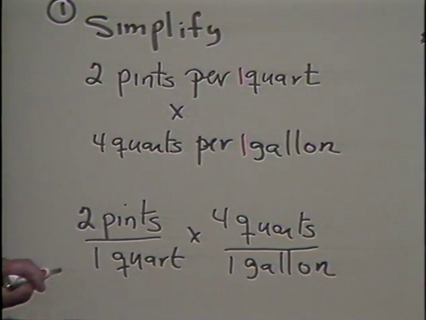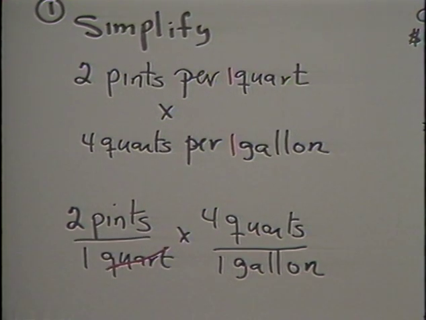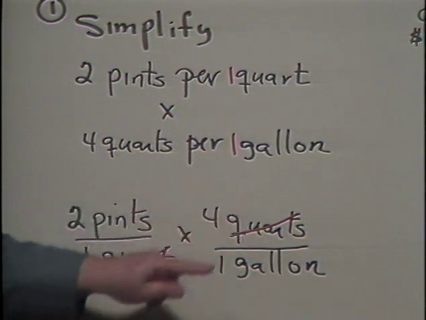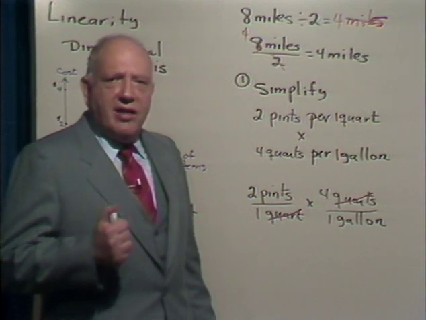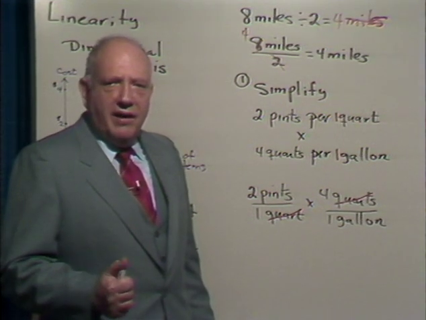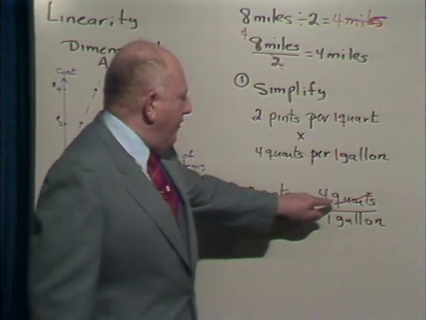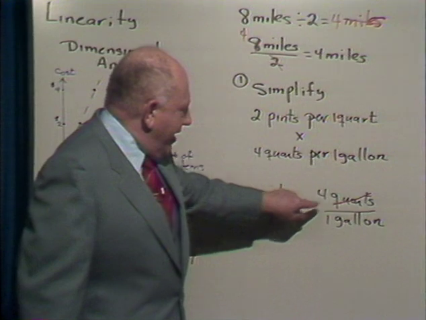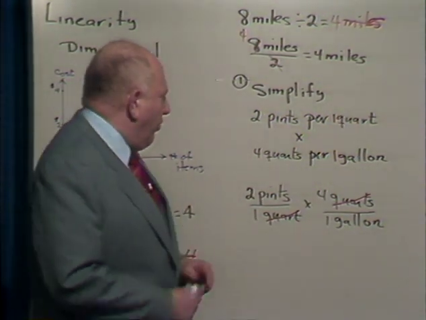Now look at this multiplication problem. Quarts in the denominator cancels with quarts in the numerator. And here we have to use some broken English. In dimensional analysis, we don't distinguish singular from plural. It's just the noun that matters. We either say 4 quart or 1 quarts. But in here, all we do is worry about the dimensions. And look what happens.